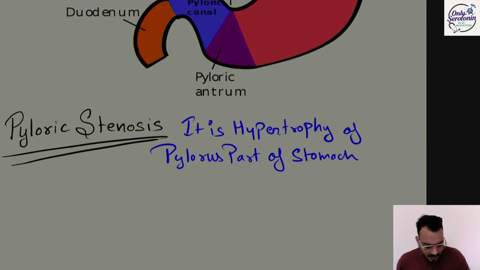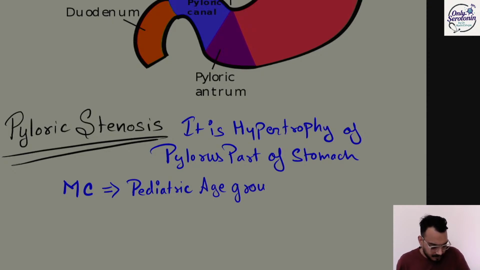Done, guys. Where you are going to see it, guys? Most common, you are going to see it in pediatric age group. And in pediatric age group, you are going to see it in 4 to 8 weeks of babies.